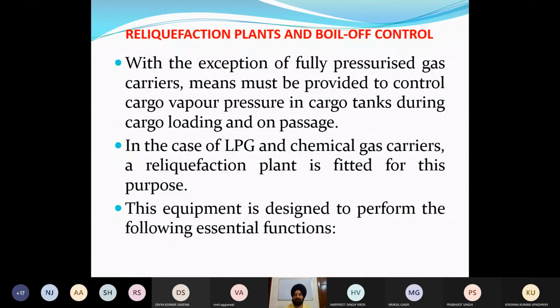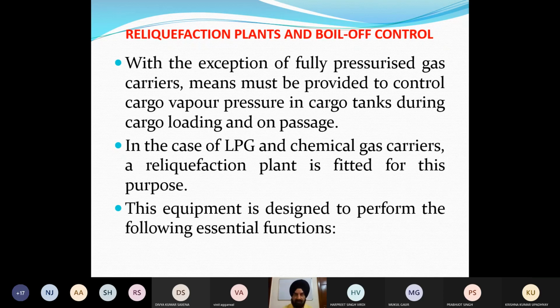So how do we control this pressure? There are only two things. First, we do not let the cargo vaporize, but that is difficult. Some cargo is moving, whether by sloshing or by a little bit of change in temperature, vapor generation is possible. And second, we convert these vapors back to the liquid.